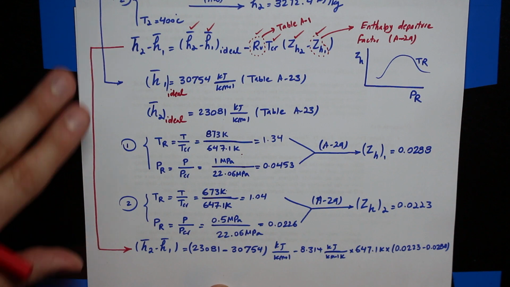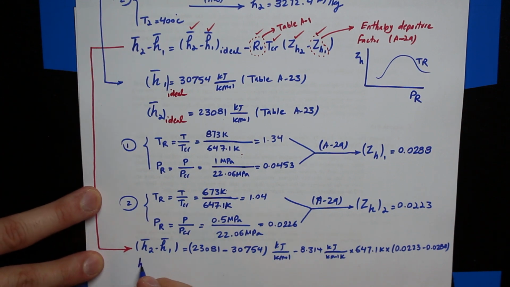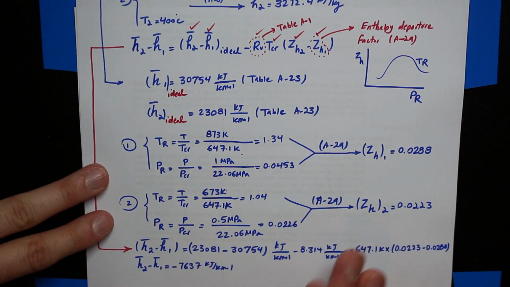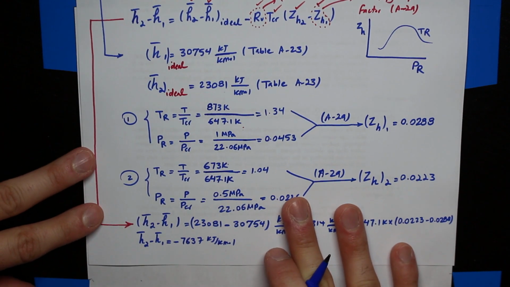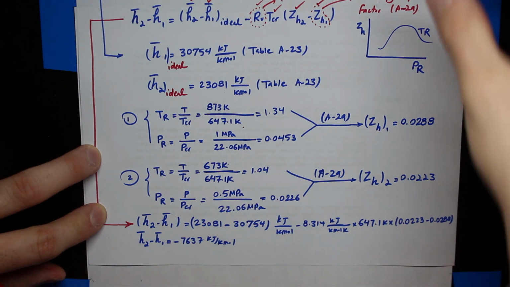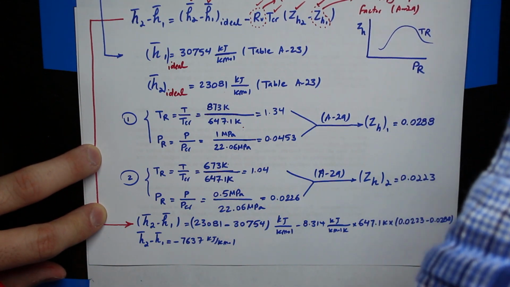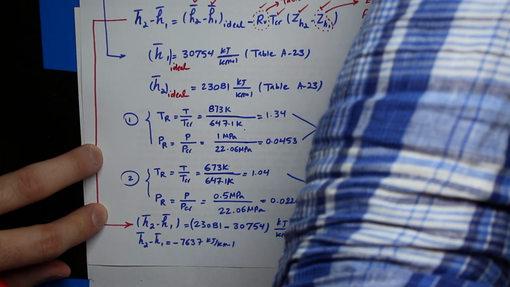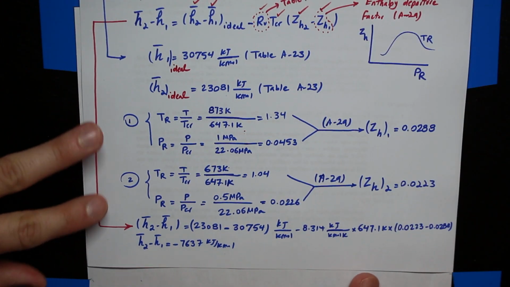if you do the number crunching, H bar 2 minus H bar 1 equal to negative 7637 kilojoule per kilomole. And finally, if you want to convert it into kilojoule per kilogram, all you need to do is multiply that by the inverse of the molar mass.